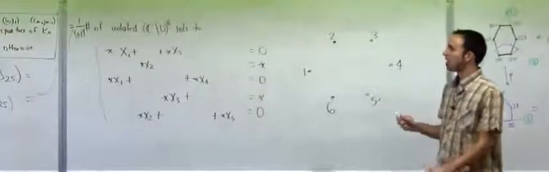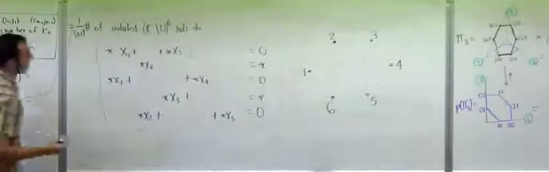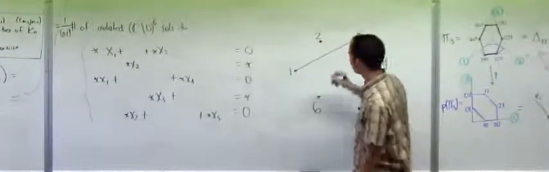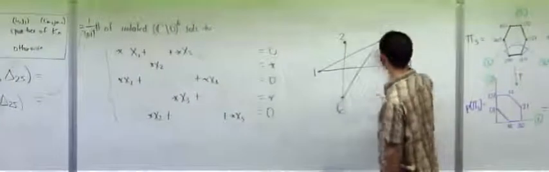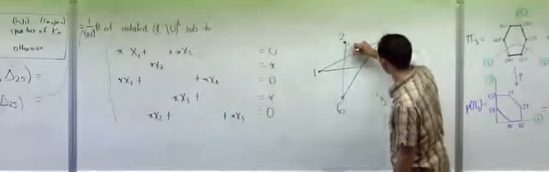Okay? And now what I need to do is I need to take each one of these edges and draw it into that graph. So I draw the edge 1, 3, and I get this. I draw the edge 2, 6, and I get this. I draw the edge 1, 4. I draw the edge 3, 6. And I draw the edge 2, 5.